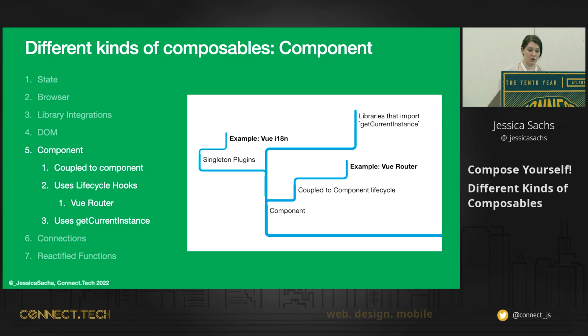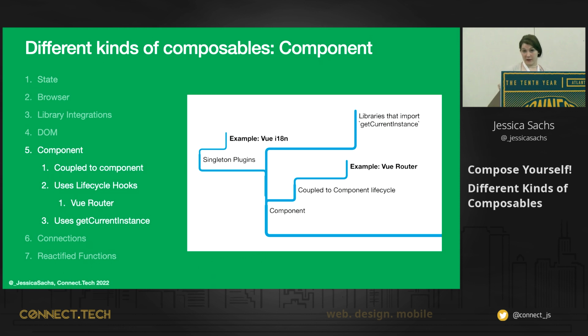You generally are not going to be building things that depend on your component's lifecycle. If you are, that might be a sign that you're doing something incredibly interesting, or it's a bad sign. It's a bad sign.